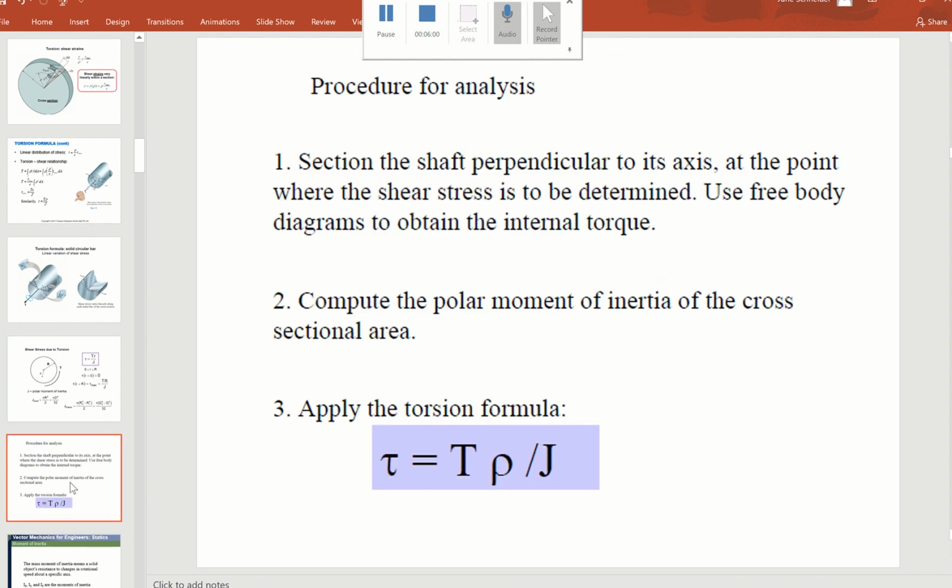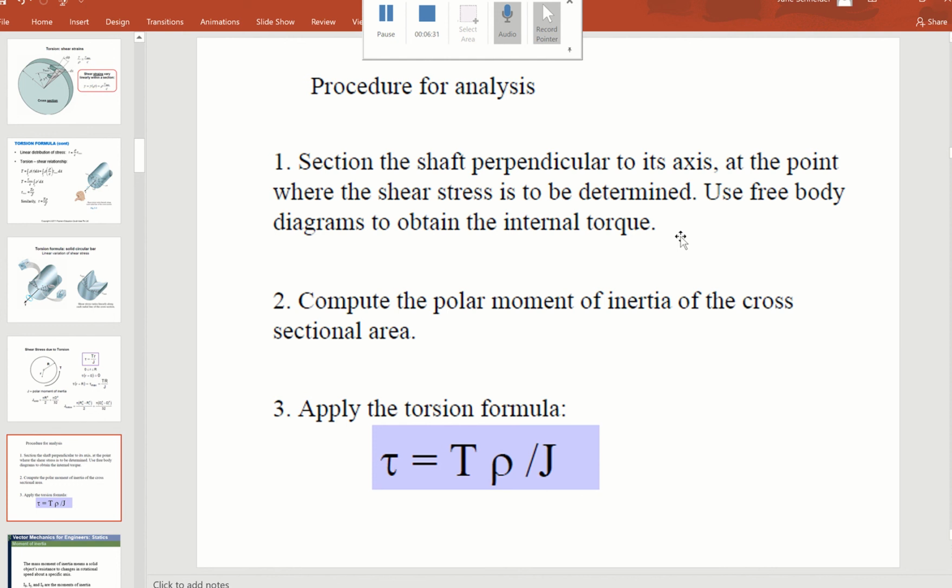In terms of how we solve for the shear stress, we're going to follow this procedure. We're going to use a free body diagram to obtain the internal torque, just like how you did for axial loading. Then you're going to figure out how many sections there are. Be aware each section is going to have its own internal torque. Once we figure that out, we're going to use the sign convention to figure out whether this internal torque is positive or negative.